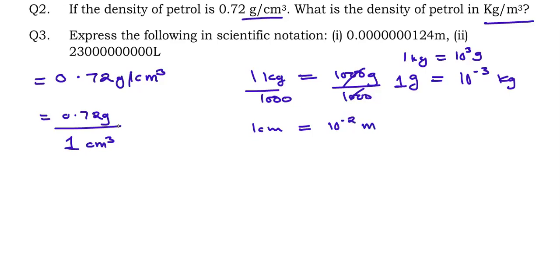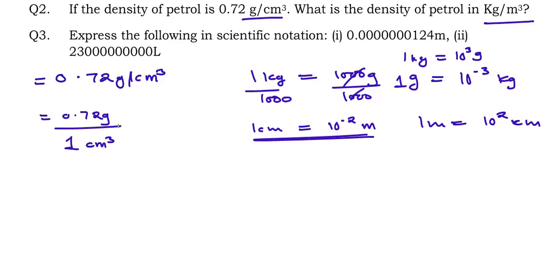Why negative? Because meters is bigger than centimeters. If it's for meters, we would have said 1 meter is equal to 100 centimeters, which is just factor 10 to the power 2 centimeters here. Now, what we want is to convert centimeters to meters. This is the conversion factor for centimeters. It is not for cubic meters.